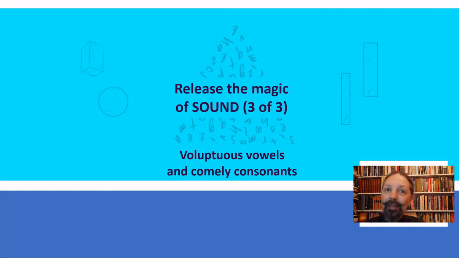But if you've been listening carefully to what I've been saying previously, you'll probably think, what's the rhythm of that? Da-da-da-da-dow da Dun-de-Dun-da-da. Is that the right order? What if I switched it round? Comely consonants and voluptuous vowels.